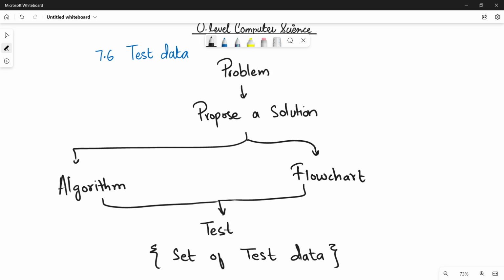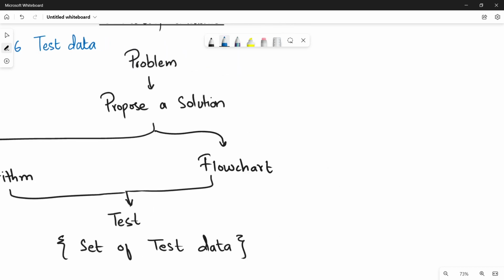Let me give you an example of it. For example, I have written an algorithm in which the user has to input 5 integer values, and your algorithm is going to tell you what is the maximum integer that the user has input out of these 5.